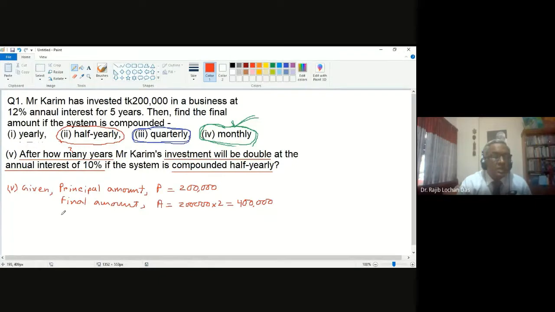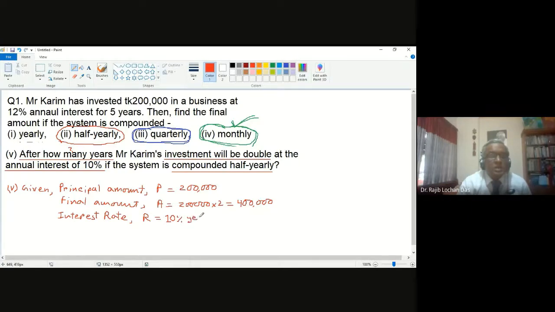Another thing is the interest rate. The interest rate is given as an annual interest rate. As it is given as an annual interest rate, we have to make it half yearly. So this is divided by 2. You write first 10% yearly.